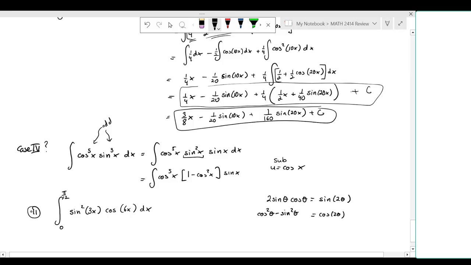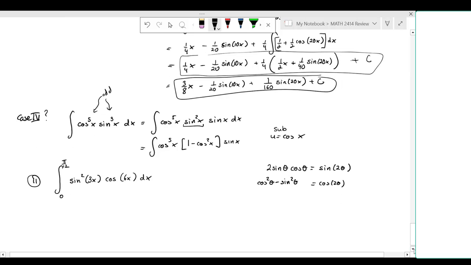So there are some extra identities we can use. I'm trying to decide what identity to use here. I think it would be easiest to use the power reducing identity on the sine squared. Right, because if you reduce the power, remember the trade-off, you double the angle. So you would have to double 3x to get 6x, and then both trig functions would have the same argument. And then we're going somewhere, I guess.